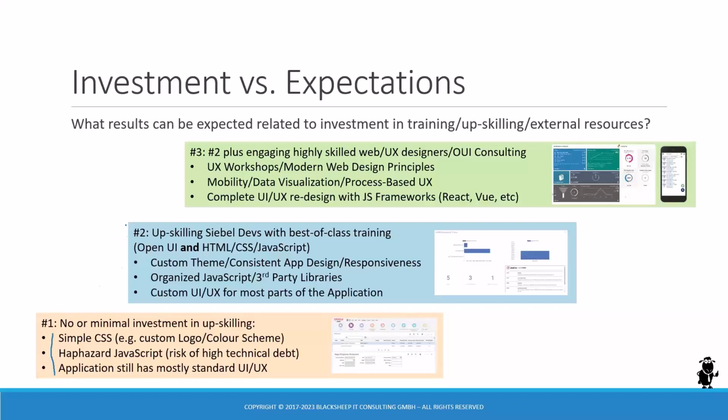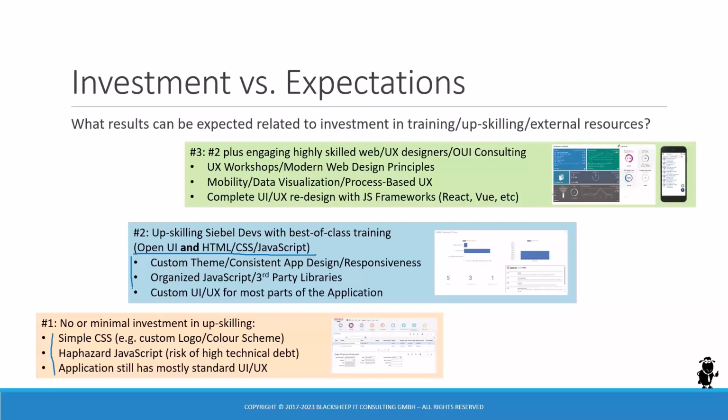So we would have to go at least with number 2. That is, train your Siebel developers, especially in OpenUI and web technologies. So then you can reach a point where you have a custom theme, consistent app design, or even responsiveness across devices.